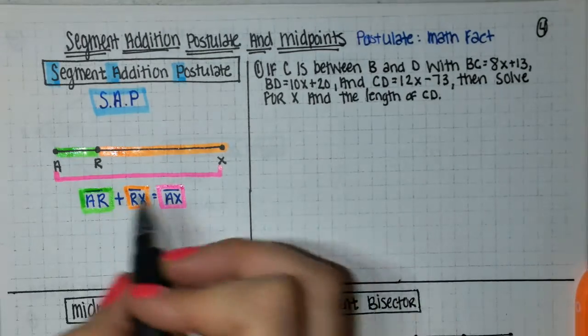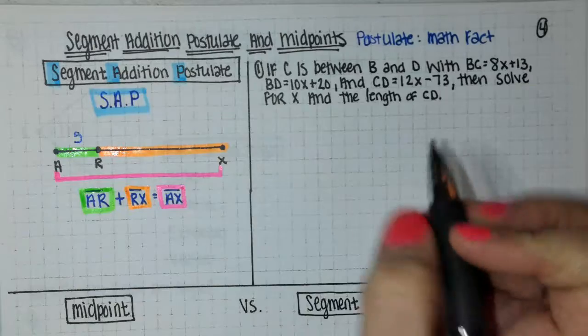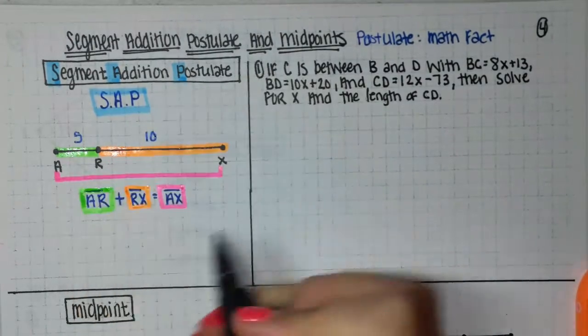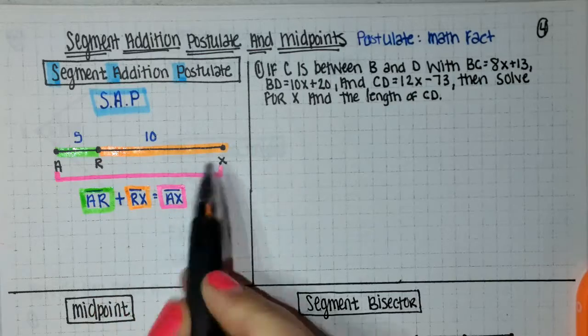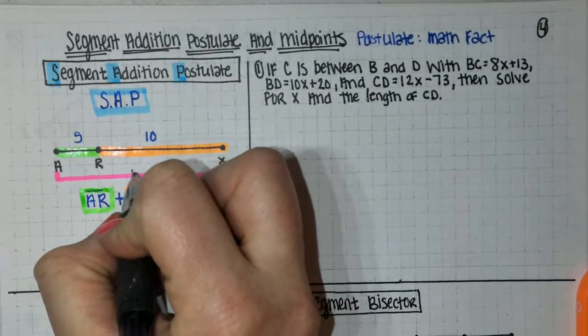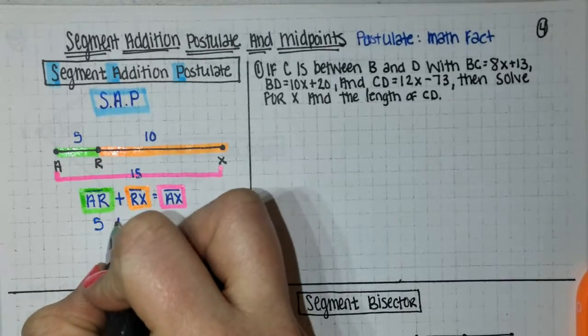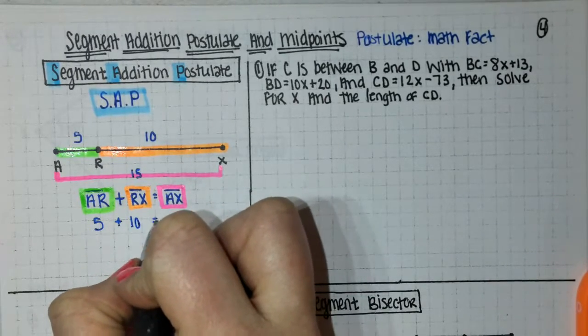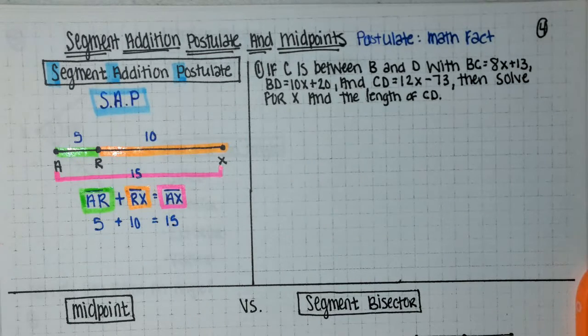So an example, if segment AR is 5 units, segment RX is 10 units, if I add 5 plus 10, that gives me the full segment of AX. 5 plus 10 is 15. So down here, 5 plus 10 equals 15. So segment addition postulate is just adding small segments together to equal the length of the full side.